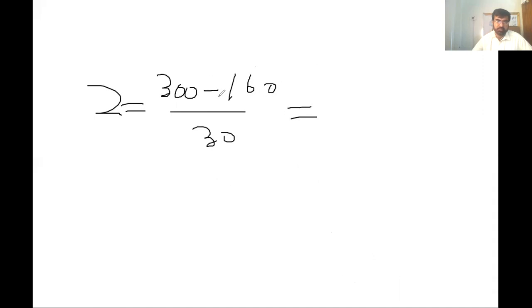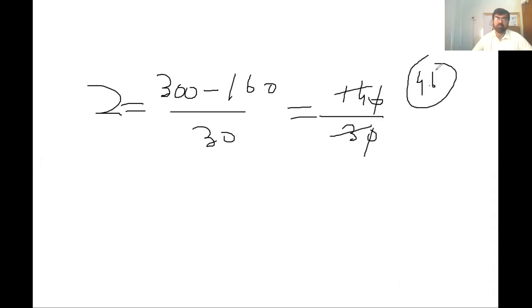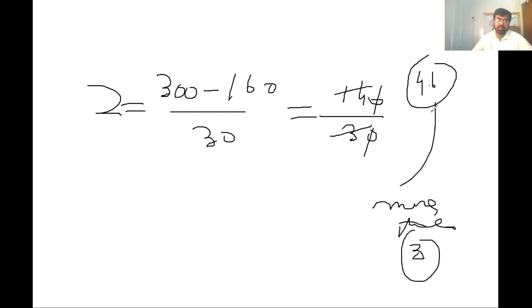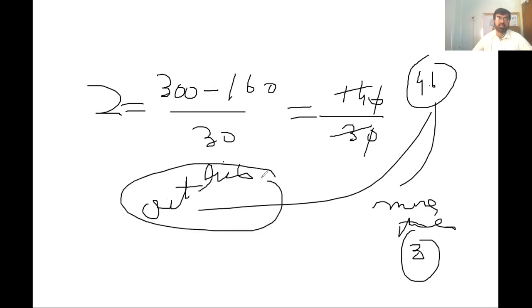So 300 minus 160 divided by 30, which is 140 divided by 30, and it becomes almost 4.6, which is more than 3. So it is an outlier. And similarly, you have to do the rest of the questions to see whether they are outliers or not.